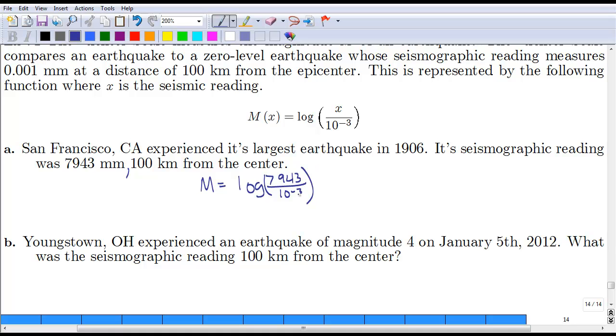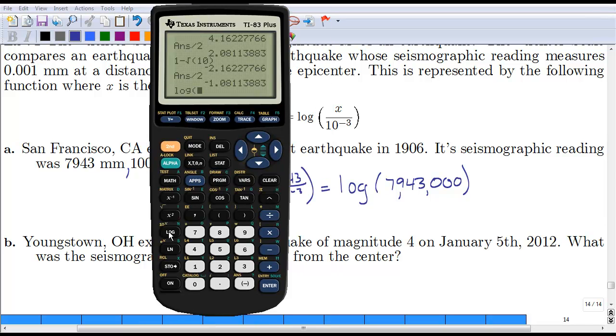And in this case, we can simplify this. So this would just be log of 7,943, and then we can add 3 zeros here on the end. So if we take log of, and we can plug it in either stage.